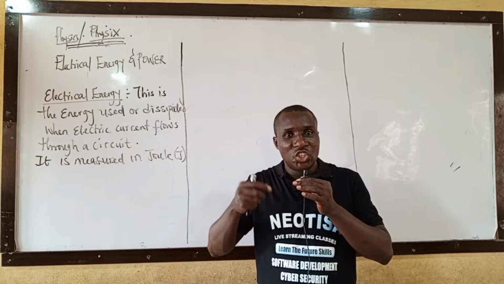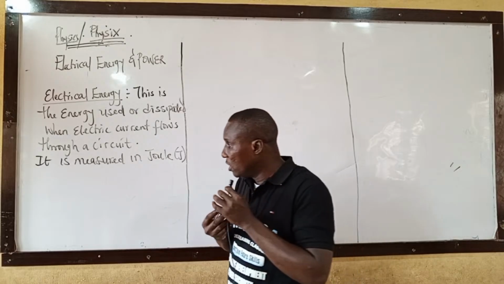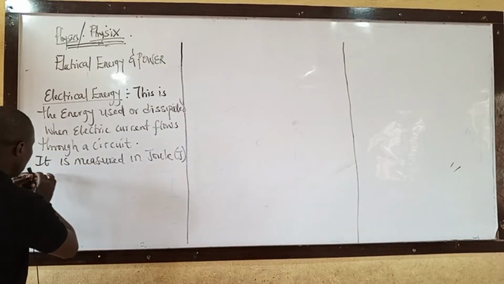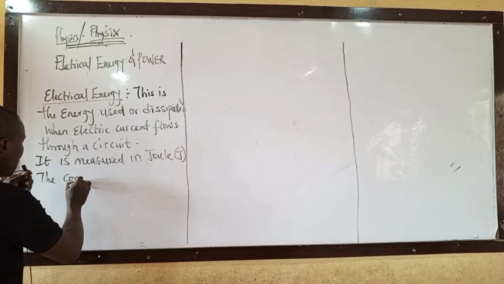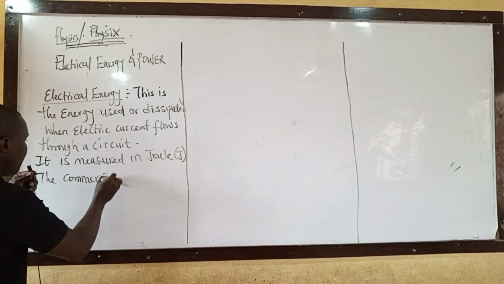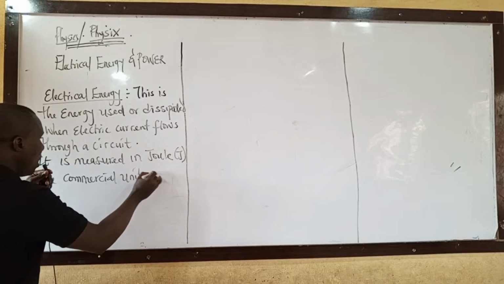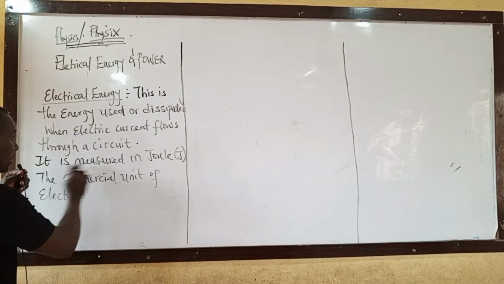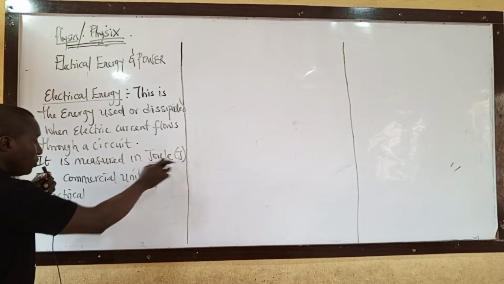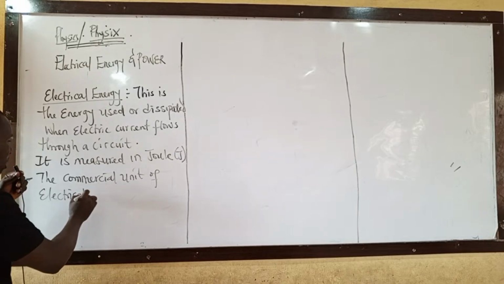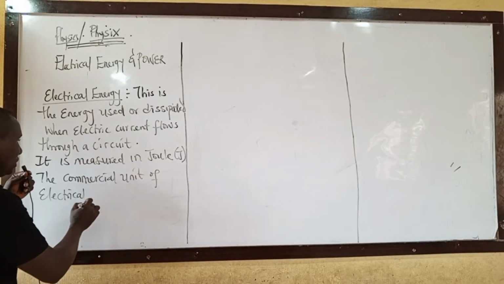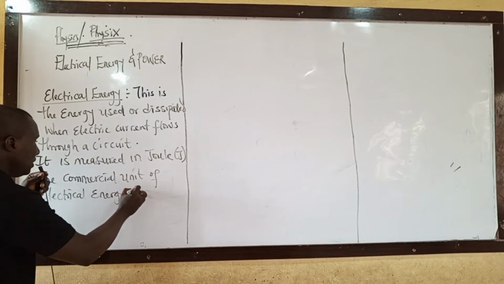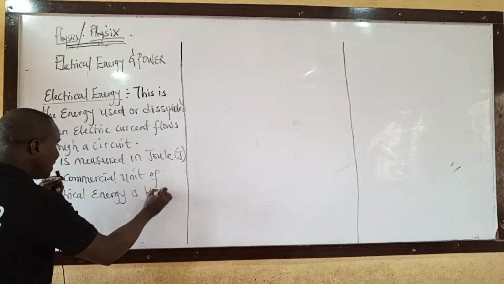What is the commercial unit of electrical energy? Write it down, because it's there in your past questions. The unit of electrical energy is joules. Then the commercial unit of electrical energy is kilowatt hour.